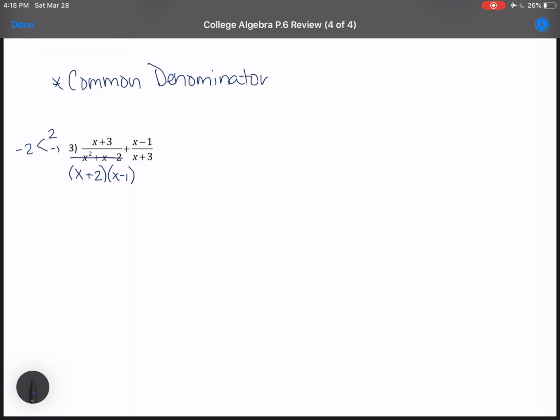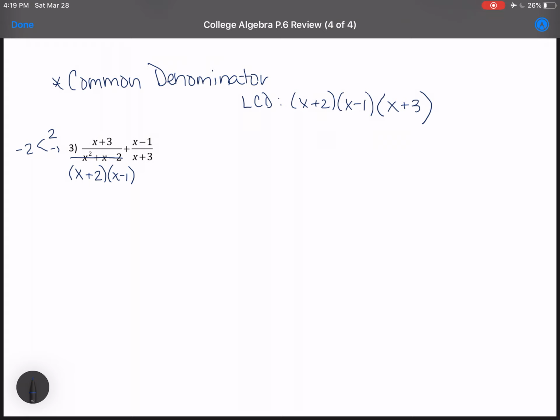So our least common denominator, we write everything from the first denominator, x plus 2 and x minus 1. And then anything that we have in our second denominator that isn't written in the first, so x plus 3. So now we're going to multiply everything that we're missing.